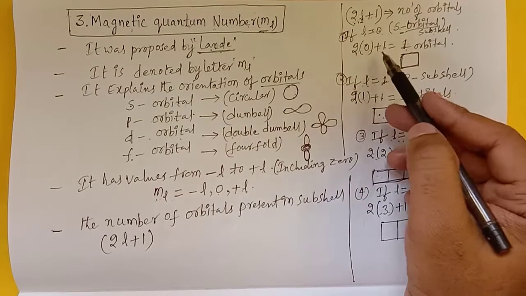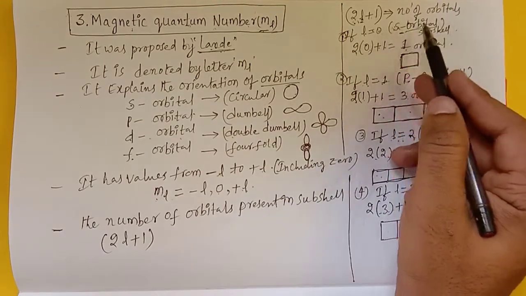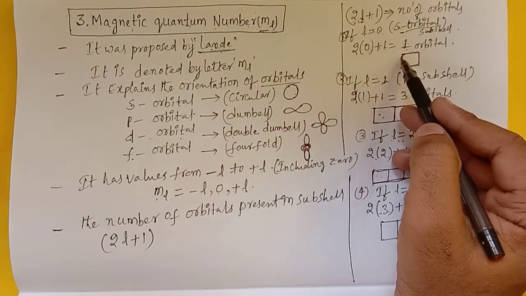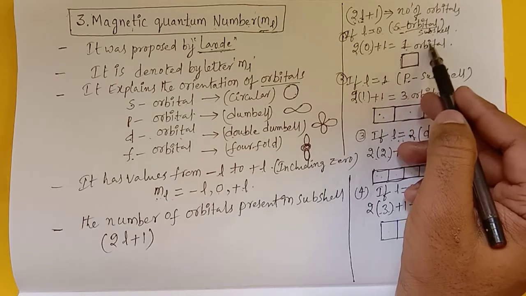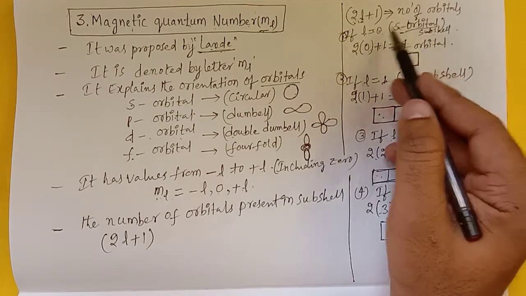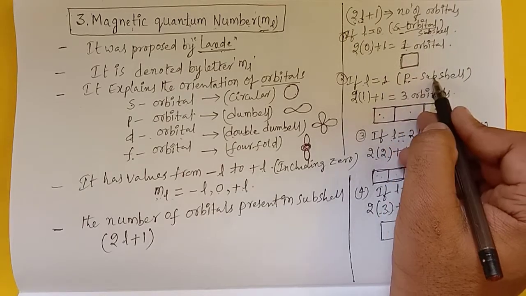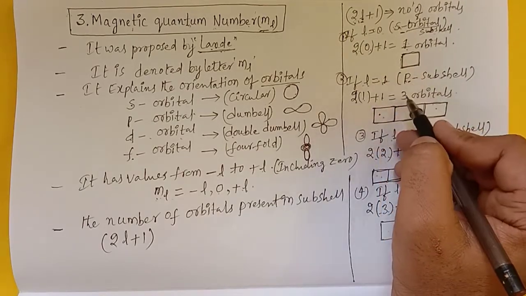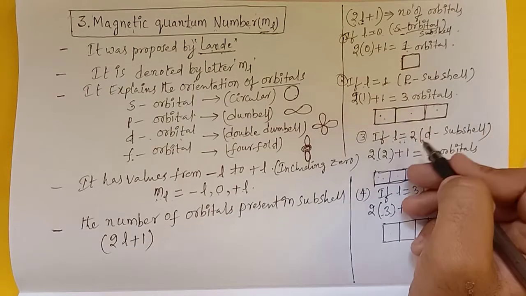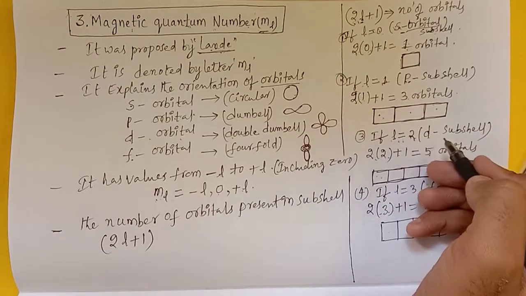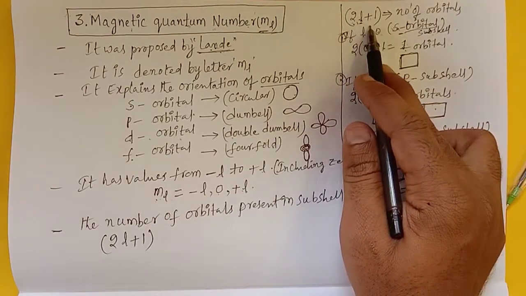So remember, how many orbitals are there for the S subshell? S subshell means L value is 0. P subshell means L equal to 1, and we calculated and got 3 orbitals. If you substitute L equal to 2 in the formula 2L plus 1, very important.